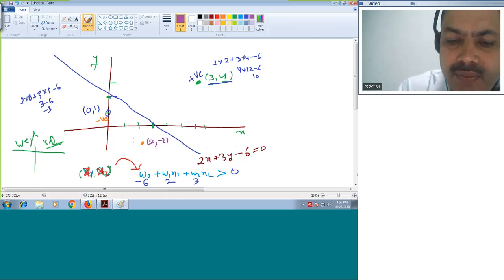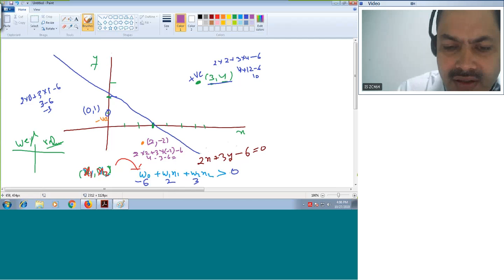If I put these things into the equation, it comes out to be minus 2 multiplied by 2 plus 3 multiplied by minus 2 minus 6, and can you solve this? It is 4 minus 3 minus 6, which is equal to minus 5. Again you say that this is a negative item.